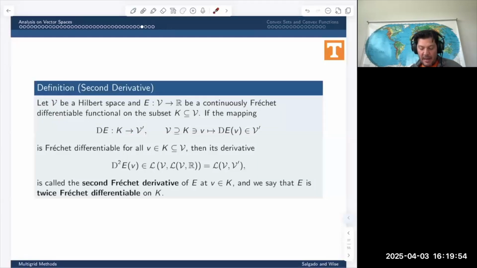Okay, this mapping here does not have to be linear. I'm going to give you an example of this in a moment. But we can ask the question, is this mapping differentiable? It's not necessarily linear. In general, it's not linear.